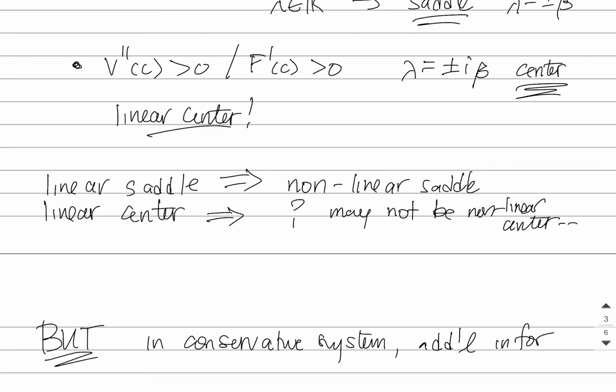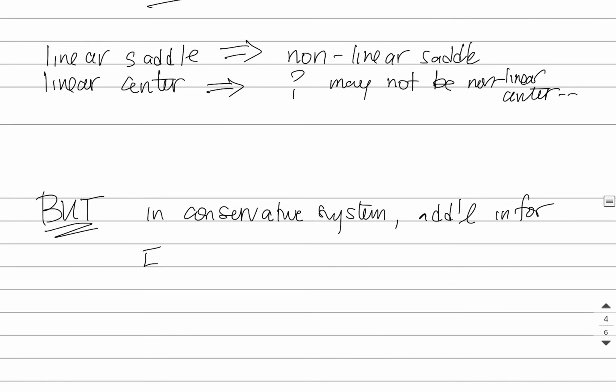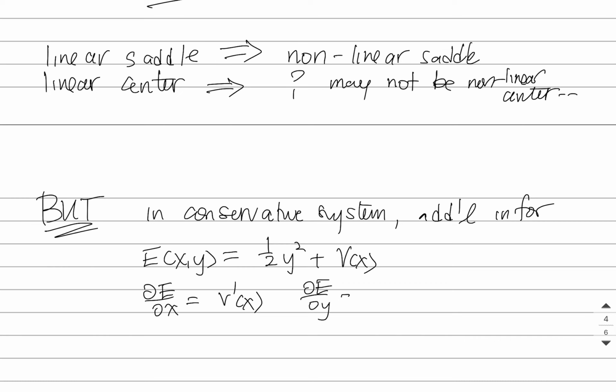Remember, in the conservative system here, the total energy function was 1/2 y squared plus v of x. So the partial derivatives here are going to be v prime of x and y. So the critical points for the energy happen when y is 0, so when the velocity is equal to 0, and when v prime of x is 0.